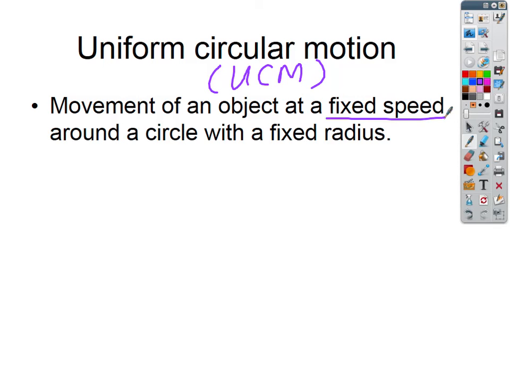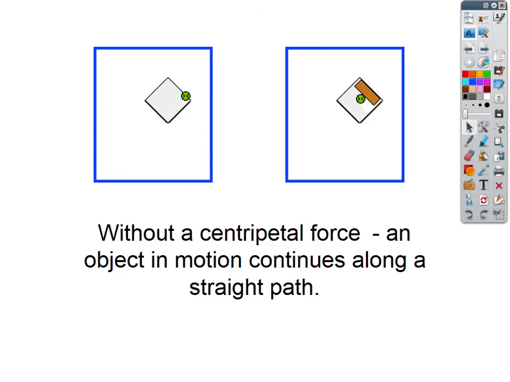So we are not looking at you trying to speed it up or slow it down, or to change the radius, like release more rope. We might look at what happens there, but the idea is you're always going to be looking from one uniform circular motion situation to another. One speed, one radius.